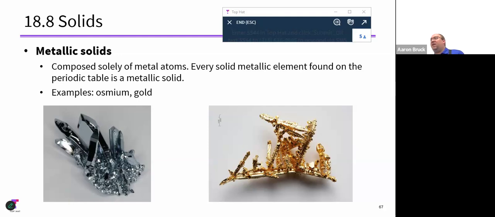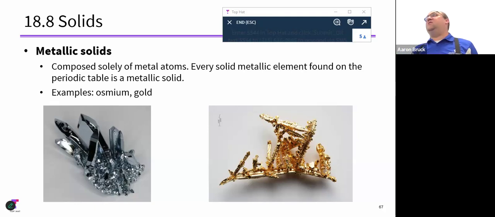Metallic solids, on the other hand, are composed of metals and metals only. Every solid metallic element on the periodic table is a metallic solid. With metallic solids, we will talk about order and arrangement a lot more precisely.